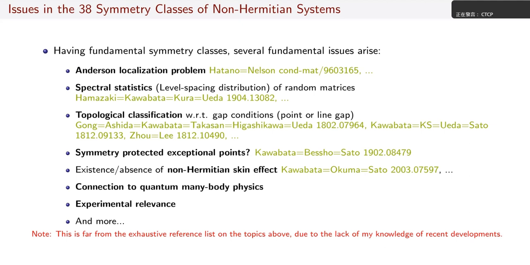And also symmetry-protected exceptional points. I mean, it's a kind of generalization of exceptional points using symmetry. And also the non-Hermitian skin effect.